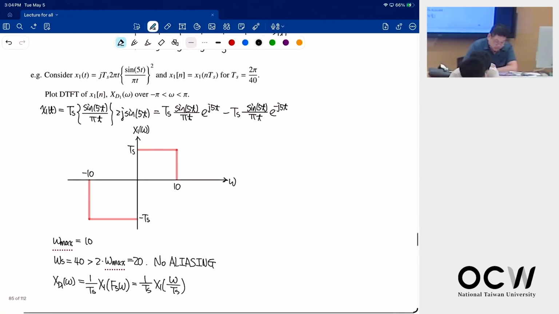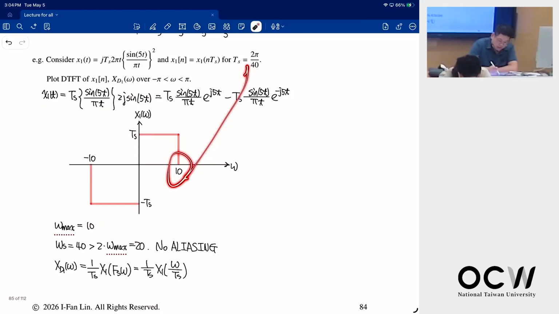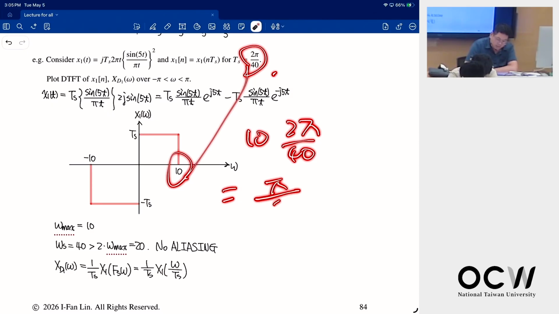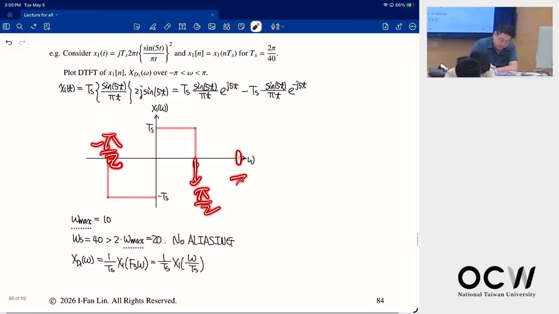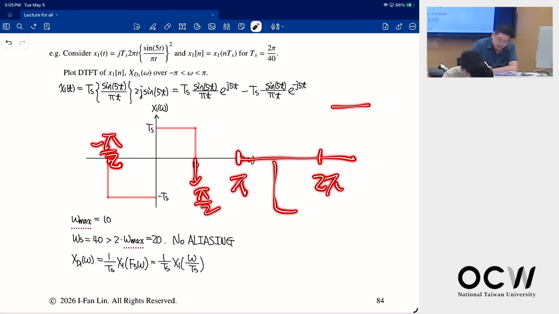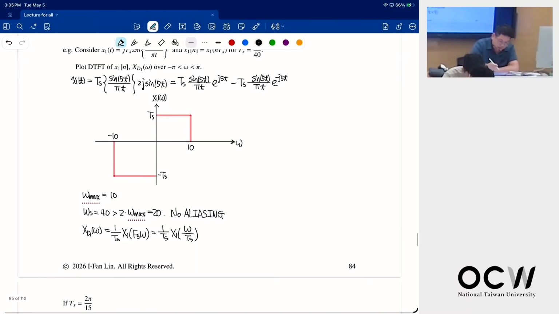So ten times Ts will be pi over 2. So here is pi over 2, and this is minus pi over 2. And then here we have a pi. So here's 2 pi. I will have another one here, another one here. Okay, no aliasing. Let's plot it.